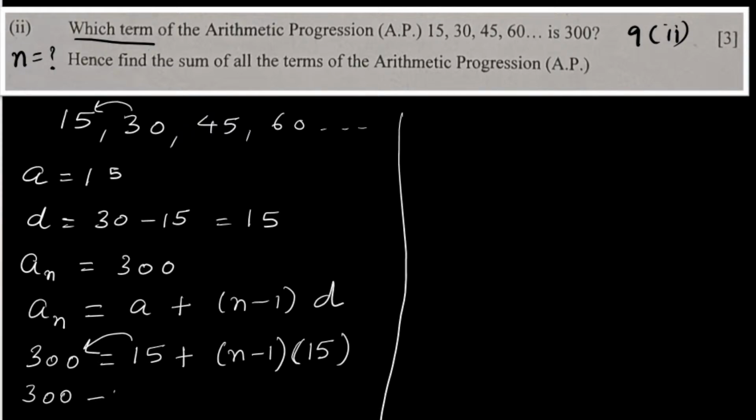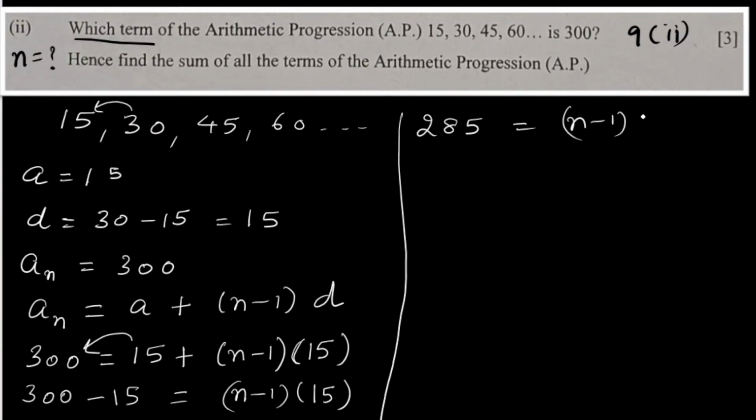So 300 minus 15 is equals to N minus 1 into 15. 300 minus 15 is 285. 285 is equals to N minus 1 into 15.